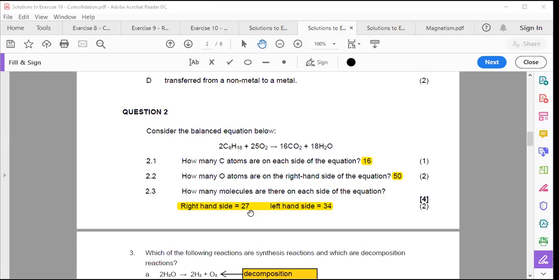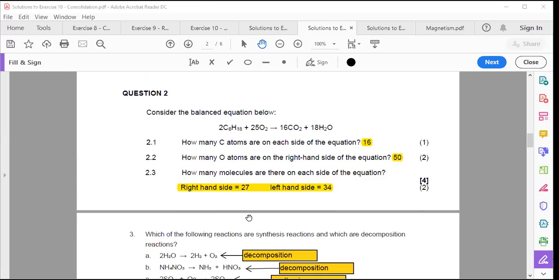We're going to have 27 molecules. On the right-hand side, let's check. You've got carbon dioxide, that's 1 molecule. There's a 16, so it's 16 times 1 CO2. So it's 16 plus 18, which gives you 34 molecules. So on the left, there's 27, and on the right, there's 34 molecules. So molecules are not conserved here. So this should be a chemical change.